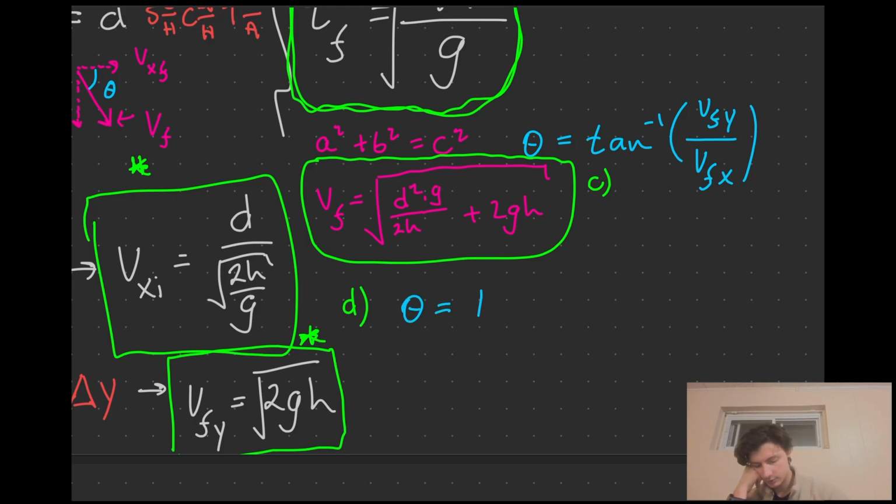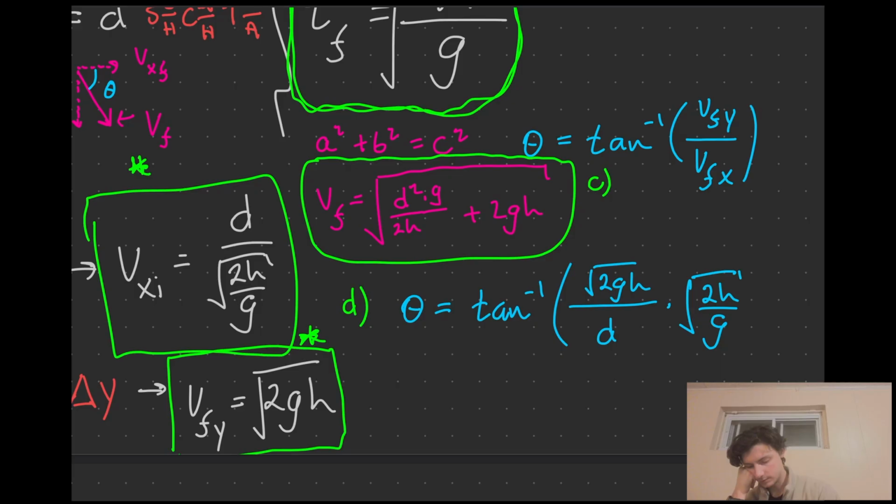Theta is equal to tangent inverse of v final y, which is square root 2gh, over v final x, which is d, and I'm going to do the same fraction flipping, put this here, 2hg.